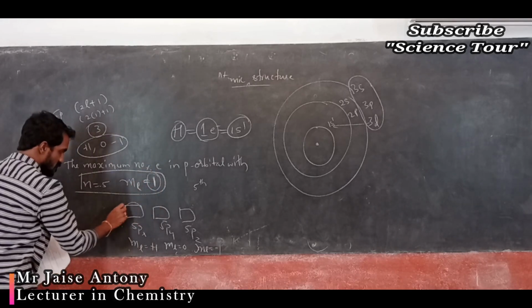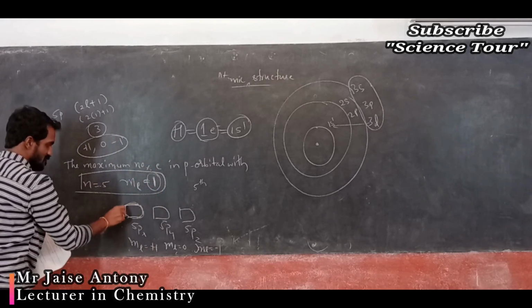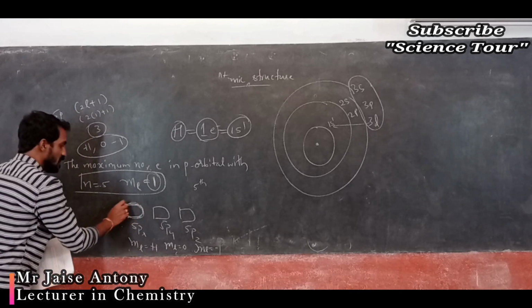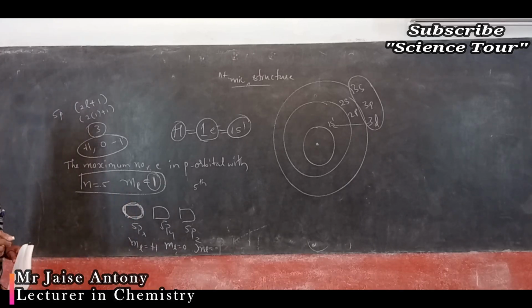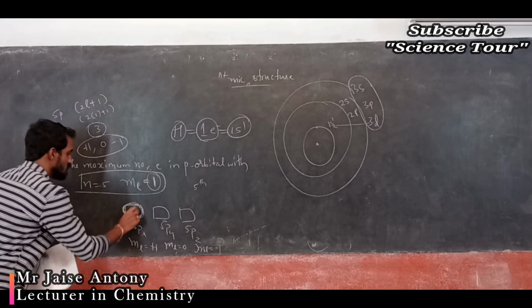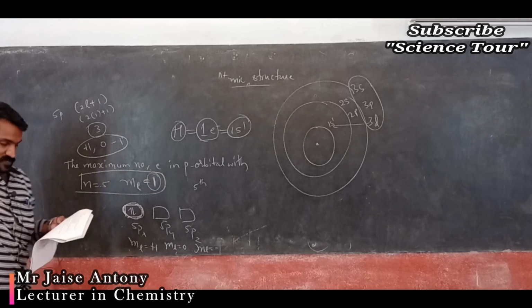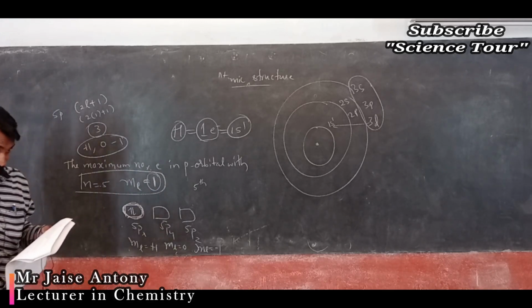In this plus 1 orbital, how many electrons are present? Each orbital can accommodate a maximum of 2 electrons. Answer B is correct, 2 electrons. My dear students, why did they give this question?